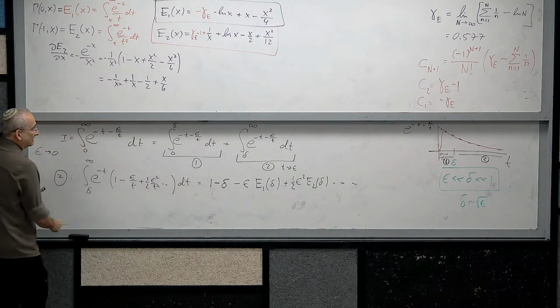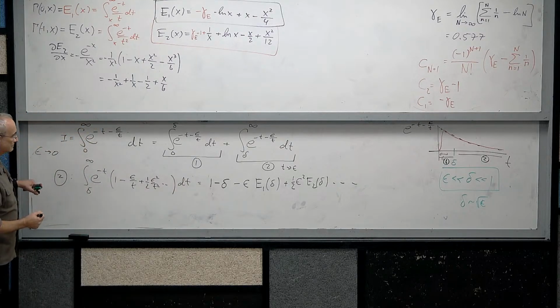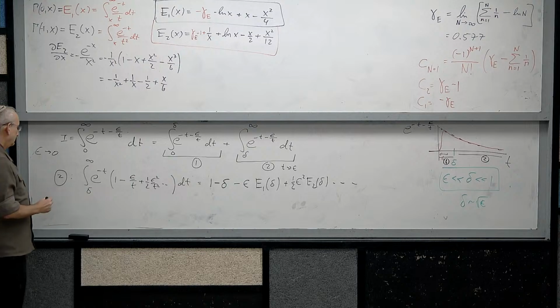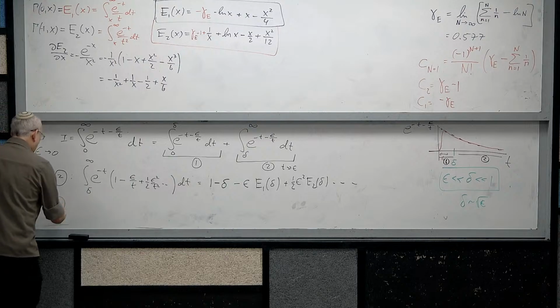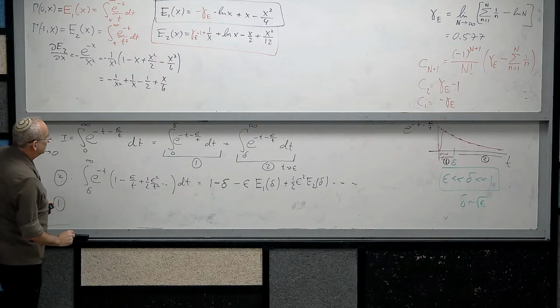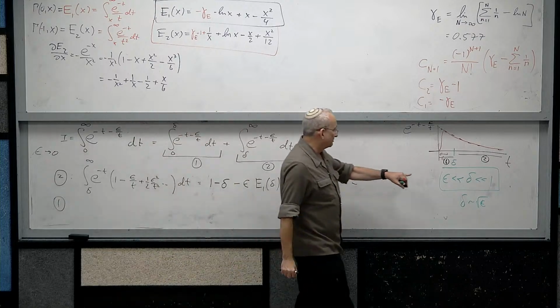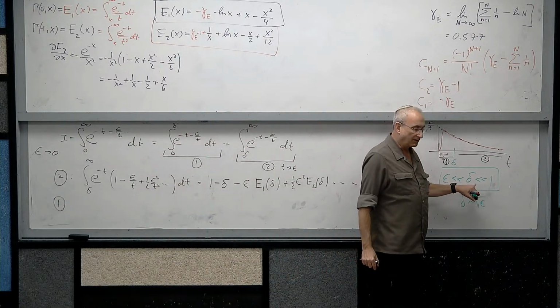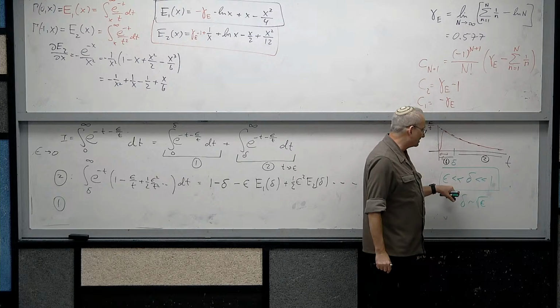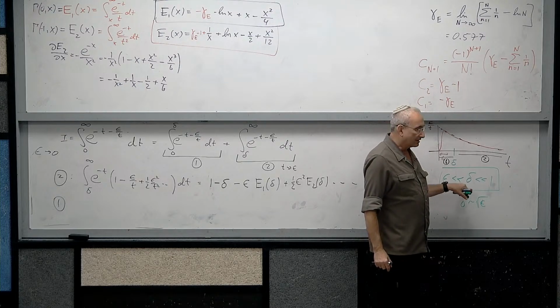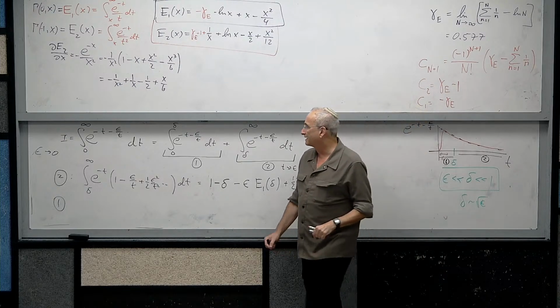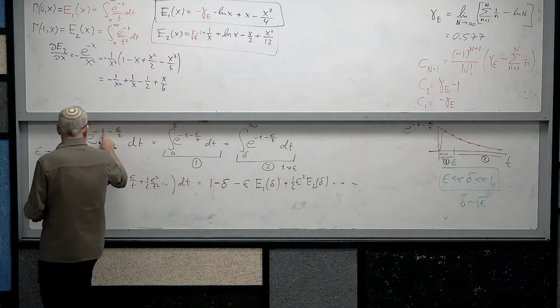What about integral number 1? So integral number 1 is, delta is much smaller than 1. Now I'm using the other. What I implemented until now is that delta is much larger than epsilon. Now if delta is much smaller than 1, I can expand not this but that.